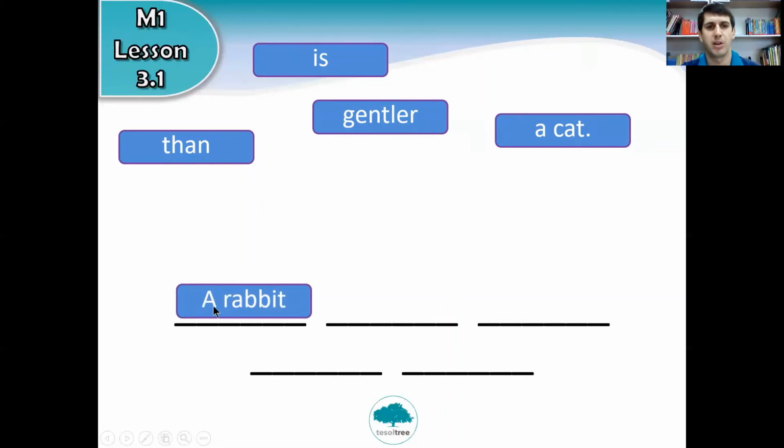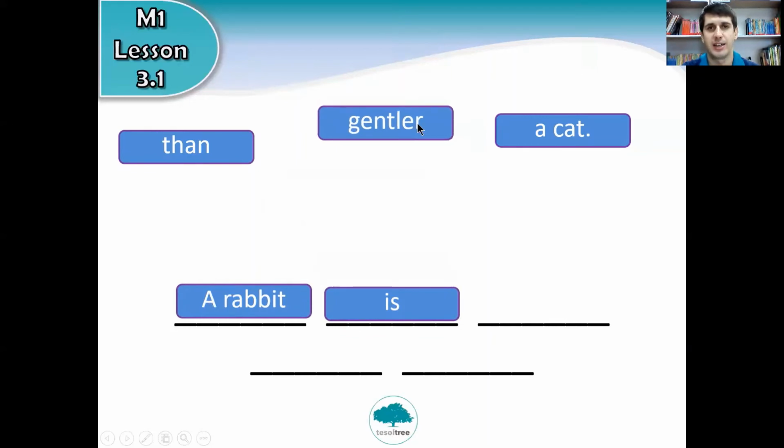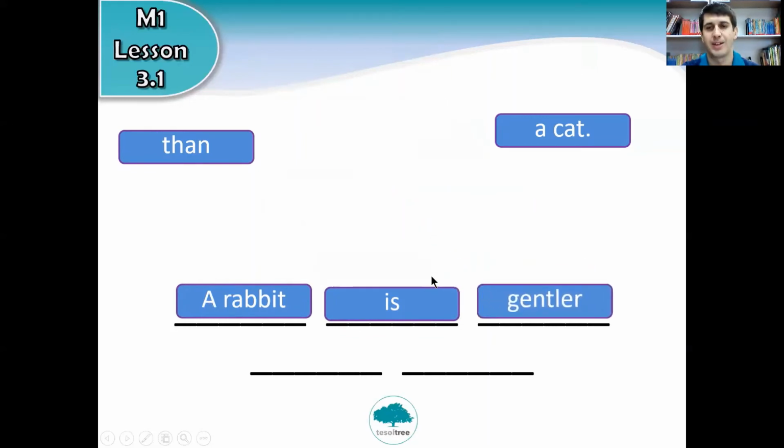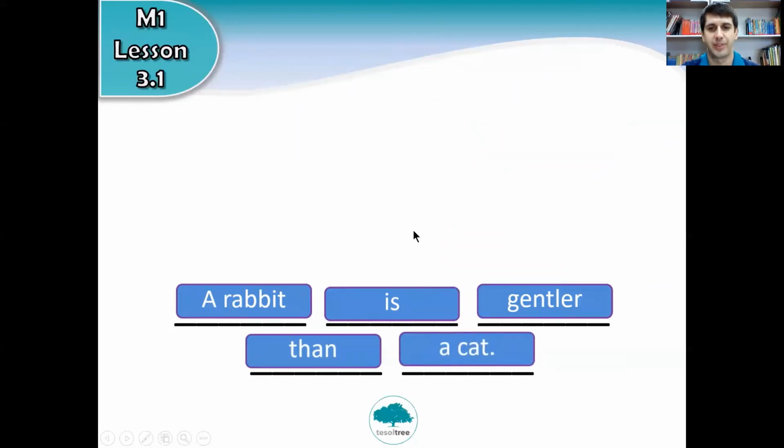So a means only one. A rabbit. That means is. A rabbit is. Now, which is the comparative? Of course, gentler. ER. A rabbit is gentler than. And the last one, full stop. A cat. A rabbit is gentler than a cat.